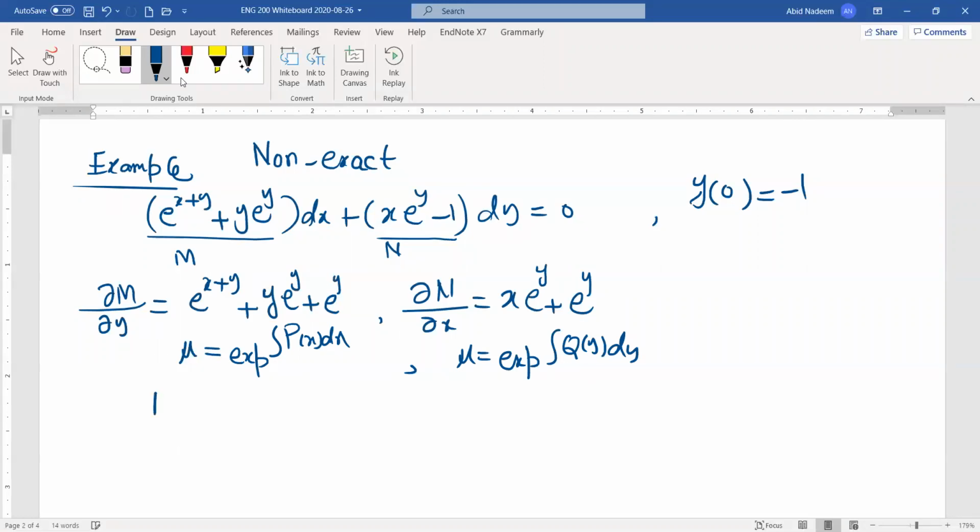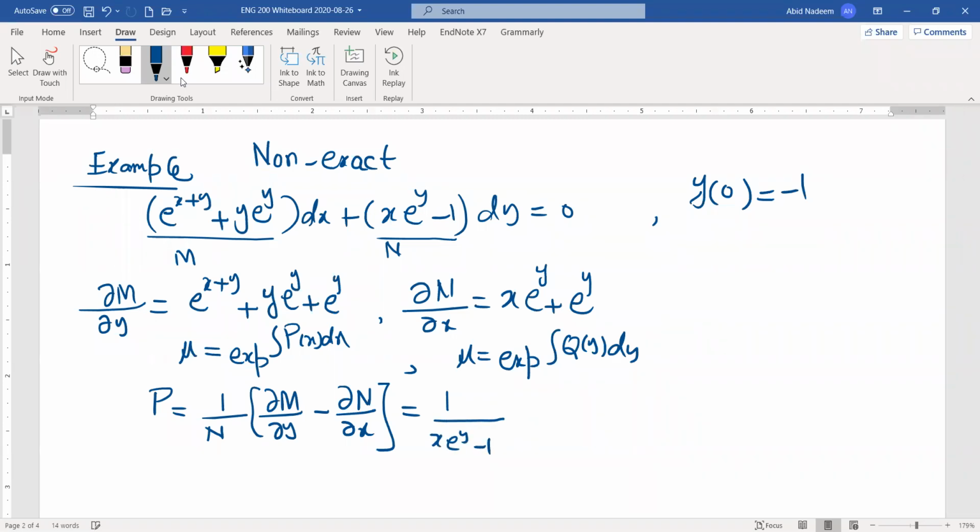So what is p? p is basically a function that will be equal to 1 over N times partial M over partial y minus partial N over partial x. So what will this p function be? 1 over N, N is equal to x e power y minus 1.